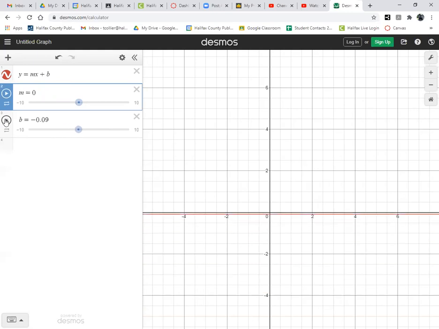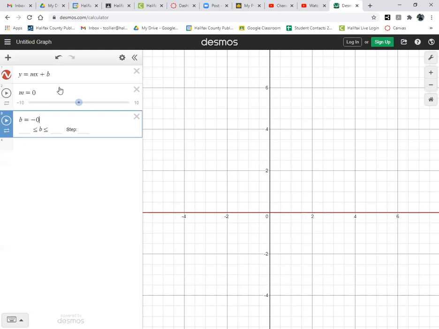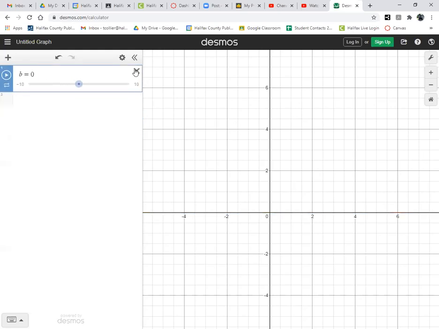Okay, now that's close. So b is going to be 0. Good. So now I get this flat line at y equals 0. So that's just playing around with lines. The slope is going to be a number, right? And the y-intercept, that's also going to be a number.